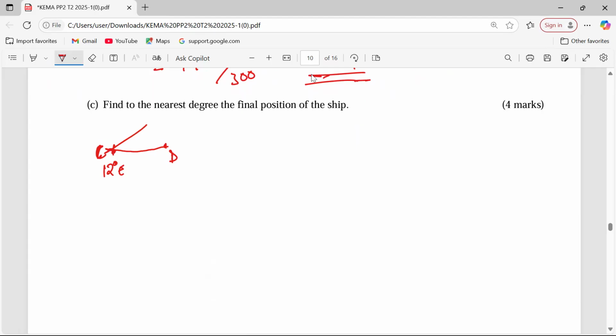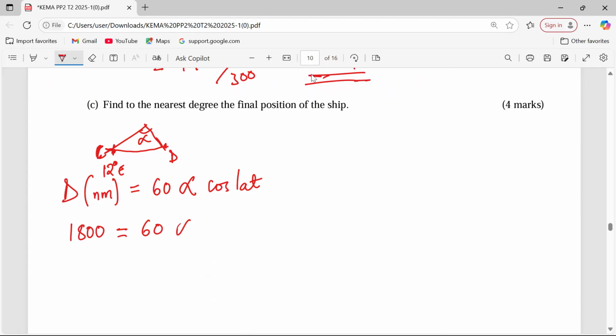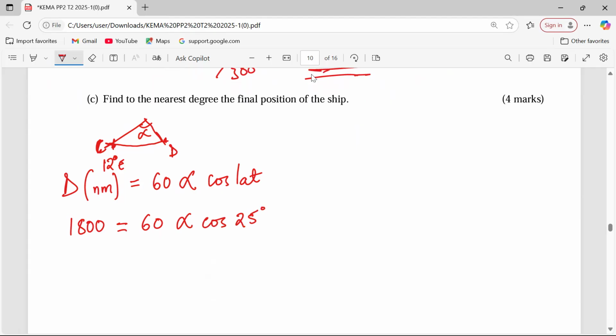It is moving through a distance of 1800 nautical miles to point D along the same latitude of 25. So remember, distance in nautical miles is usually given by 60 multiplied by the angle difference, cosine of the latitude where the places are. So 1800, the distance, equals 60 alpha, cosine of the latitude, which is 25 degrees.